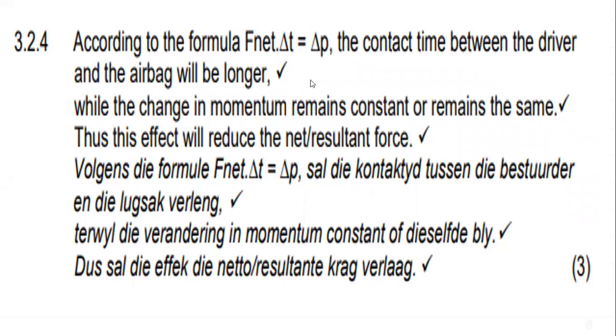Now, if F net is delta P divided by delta T, then the relationship between F net and delta T is inverse proportionality.